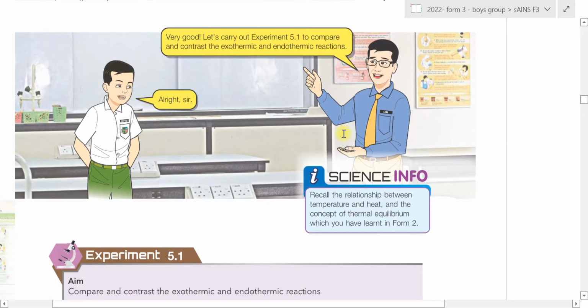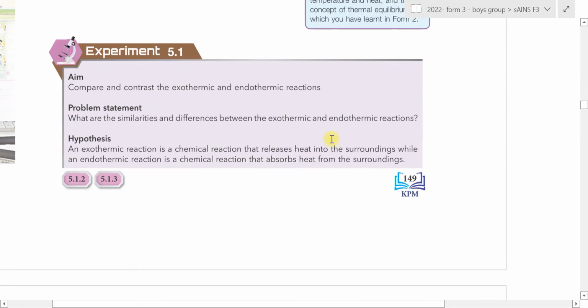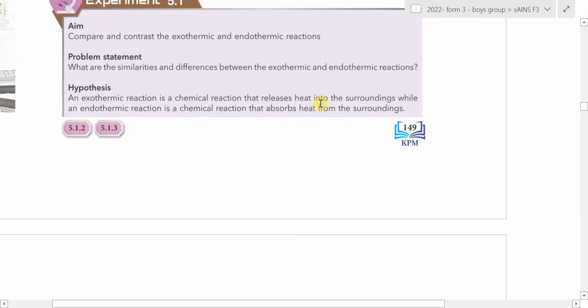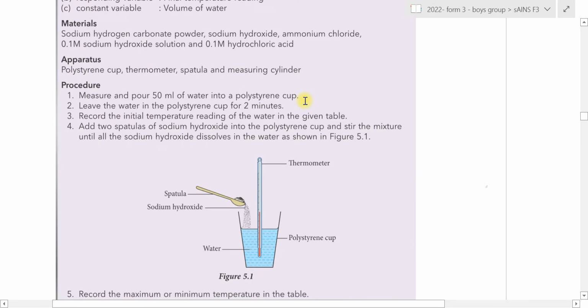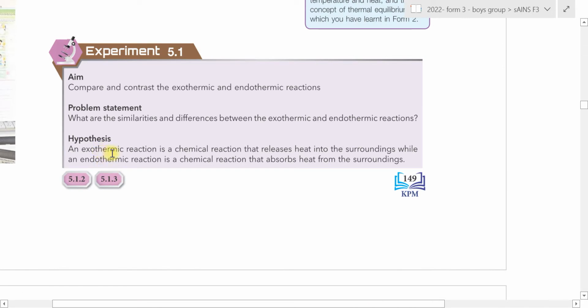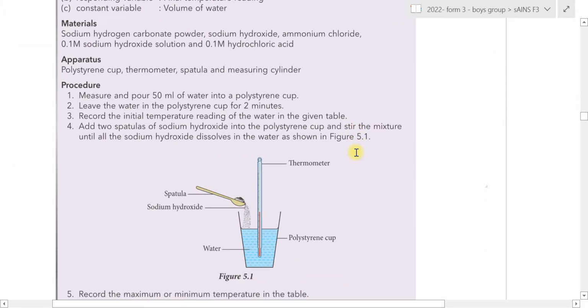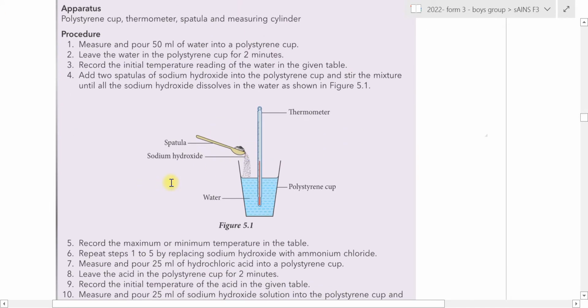Very good, let's carry out experiment 5.1. We want to compare and contrast exothermic and endothermic reactions. Your hypothesis is that exothermic is a chemical reaction that releases heat to the surrounding, while endothermic is a chemical reaction that absorbs heat from the surrounding. This experiment is very important.